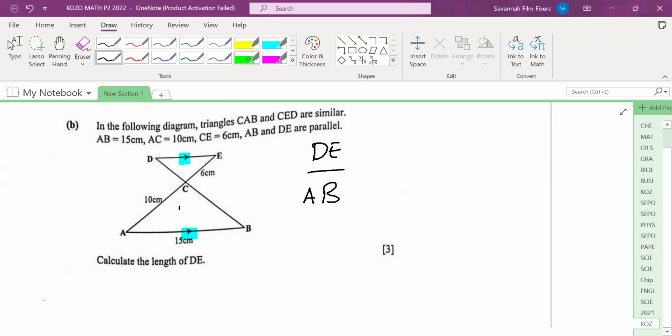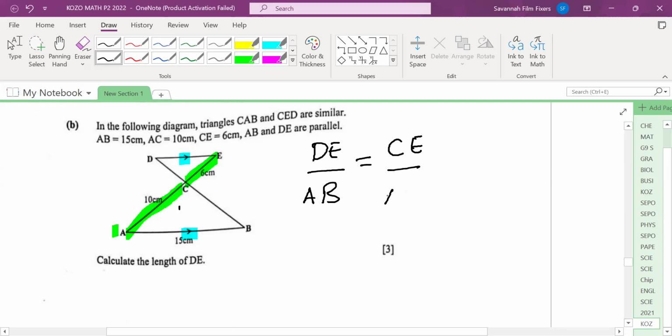It means even this side here, CE and AC are also similar, or the ratio of their sides. So we'll say CE over AC. And the question wants us to find DE.